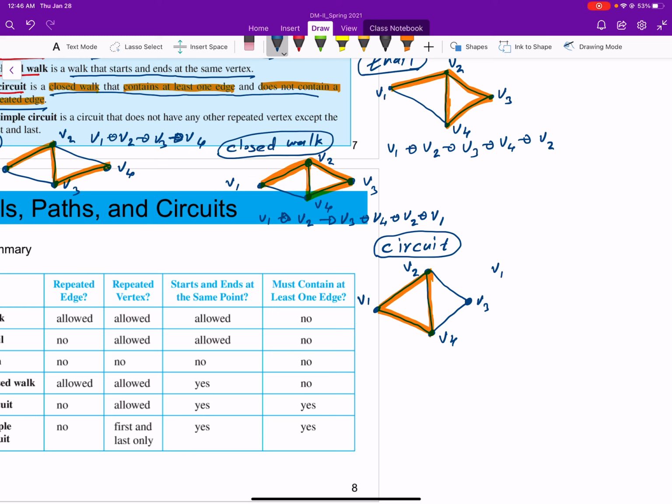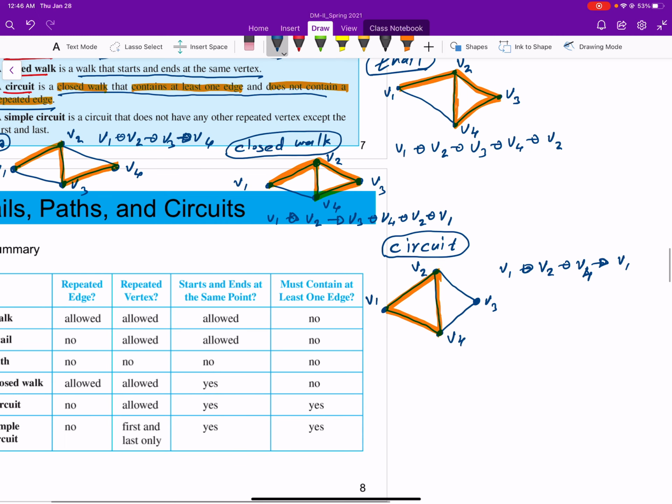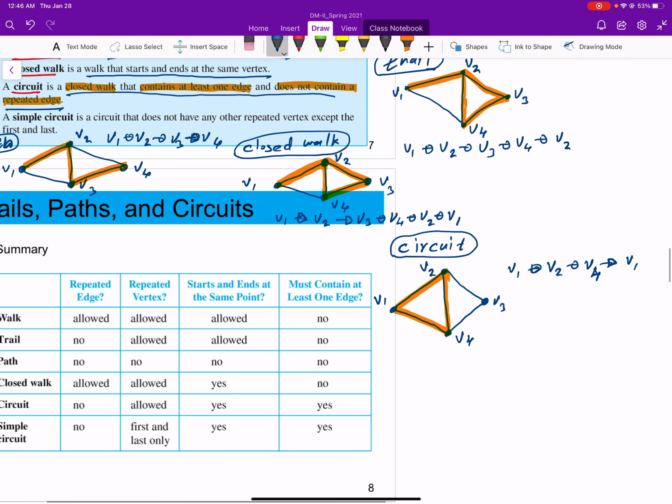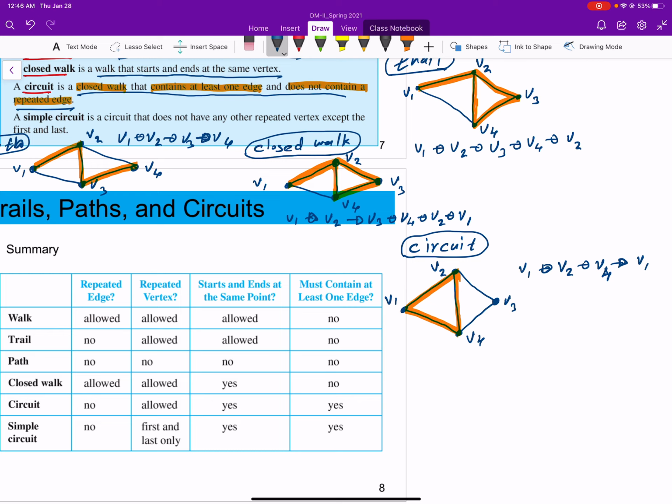This is from V1 to V2 to V4 to V1. We start and end at the same vertex, but no repeated edges, contains at least one edge.